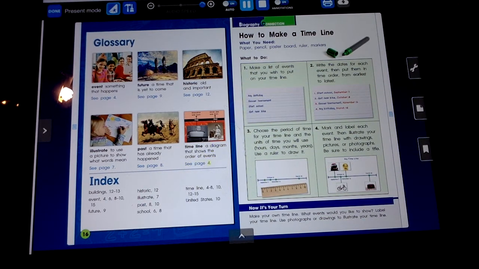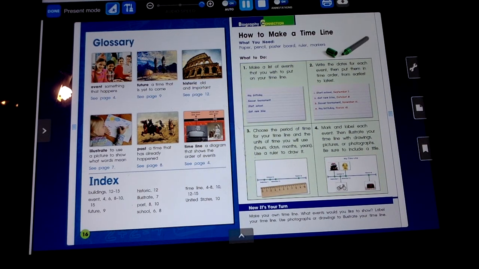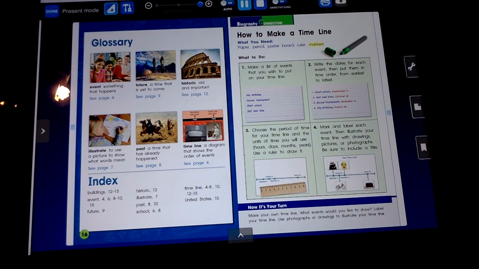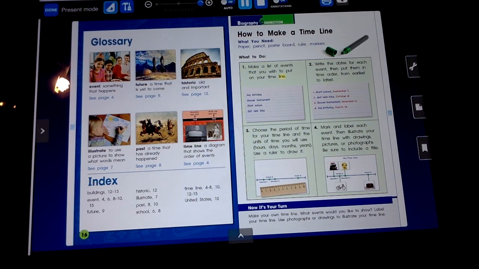See page 4. Biography connection, how to make a timeline. What you need: paper, pencil, poster board, ruler, markers. What to do. 1. Make a list of events that you wish to put on your timeline. 2.